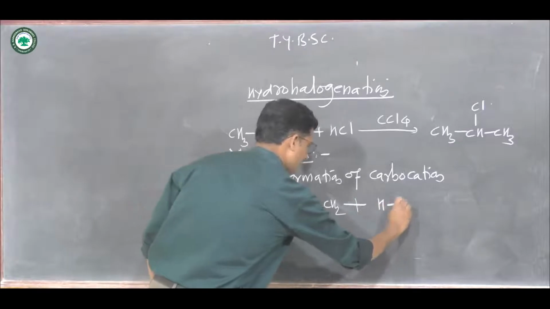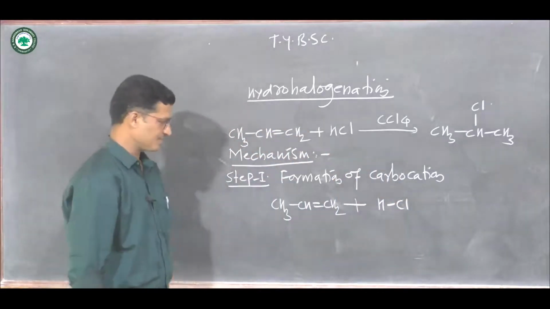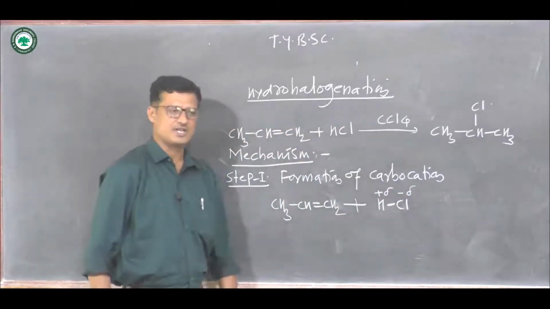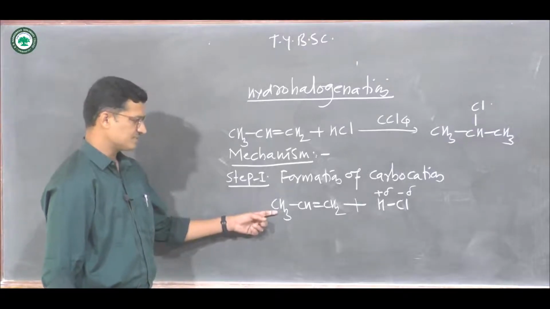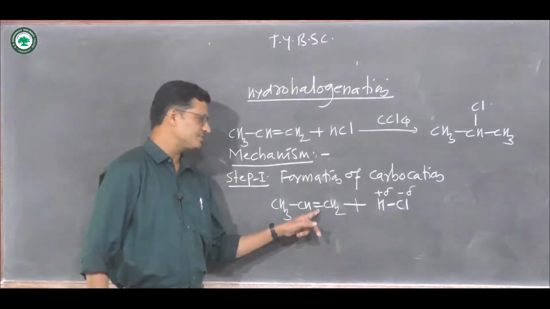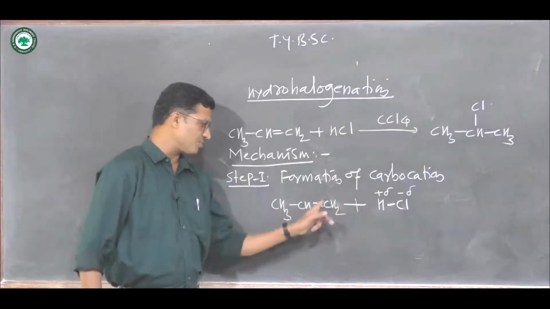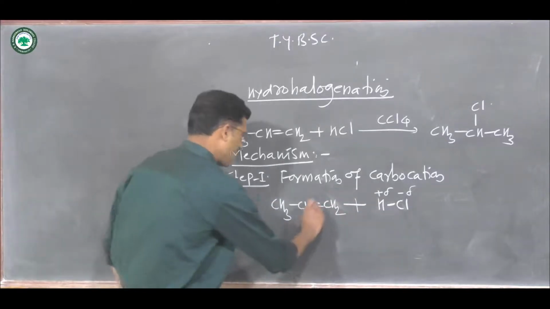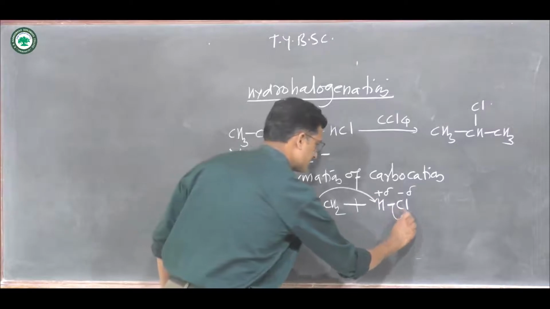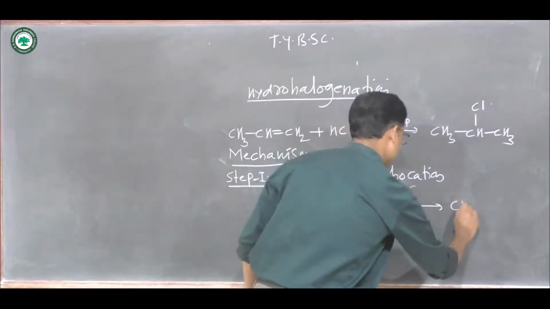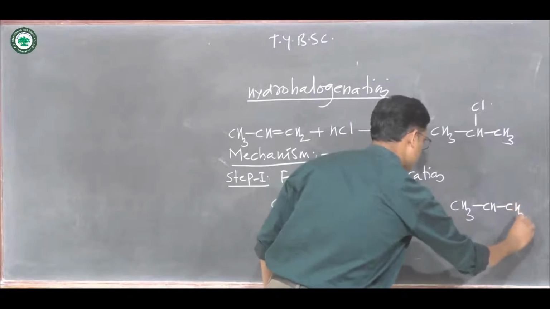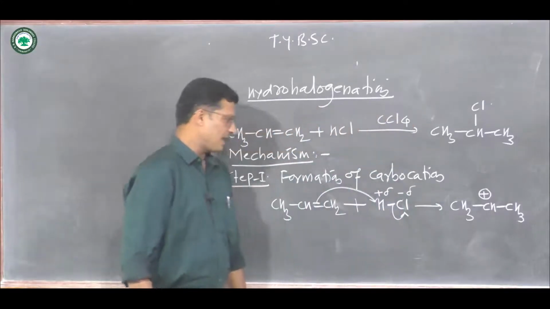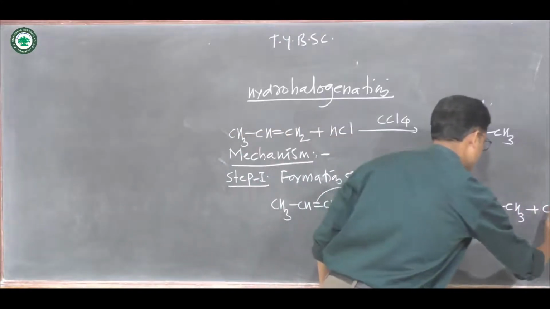We remember HCl is the reagent; this hydrogen has a delta positive charge and chlorine has a delta negative charge. We already discussed that the carbon-carbon double bond acts as a Lewis base. This electrophile first approaches and adds to the carbon-carbon double bond, and there is a formation of a carbocation. So in the first step there is a formation of carbocation, and once it forms, we get the nucleophilic species, Cl minus.